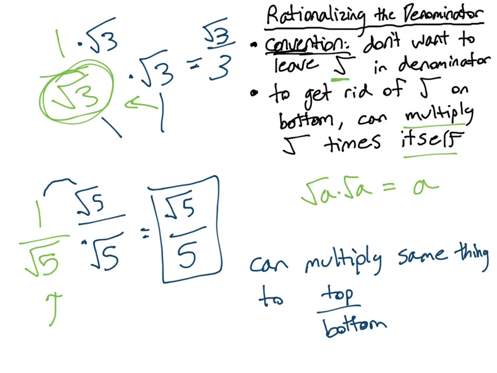And when we've got square roots that can't be simplified in the denominator of a fraction, we want to move those into the numerator by multiplying times the same copy of that square root into the top and bottom. And just by mathematical convention, traditionally it's okay to have a square root in the numerator as long as we got rid of the square root in the denominator.